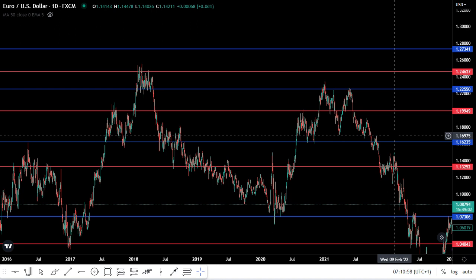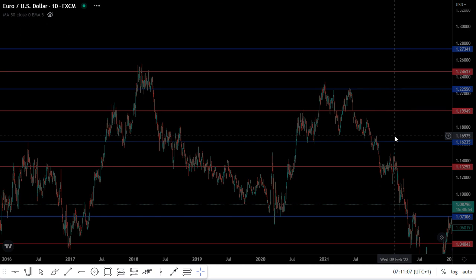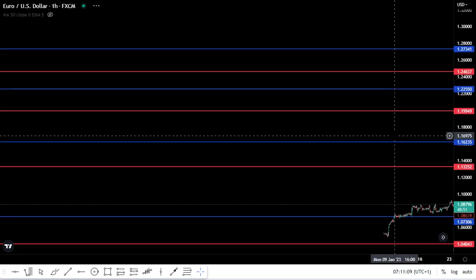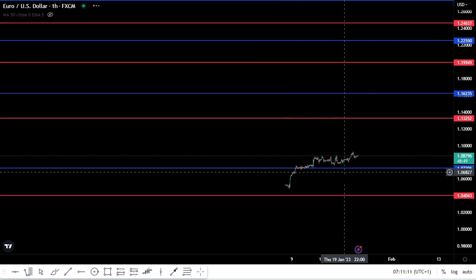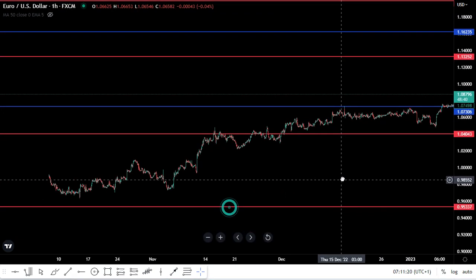Okay, so what I need to do now is to just go down to 1 hour time frame to see the price reaction, maybe using our setup to see the perfect point or zones or places we should be making entry, guys. So this is actually 1 hour time frame.